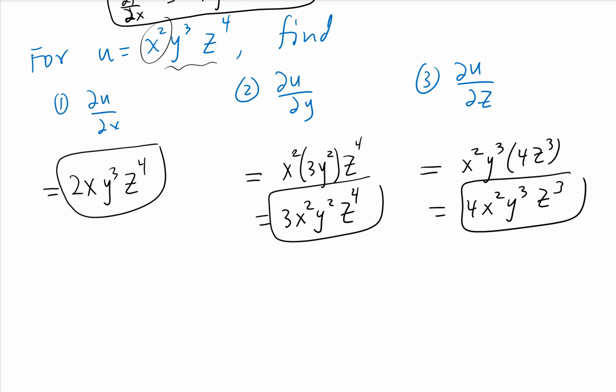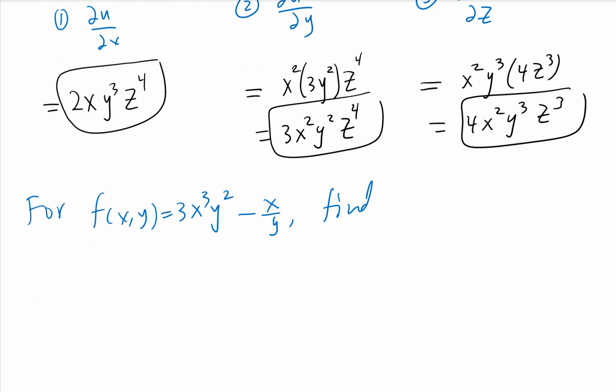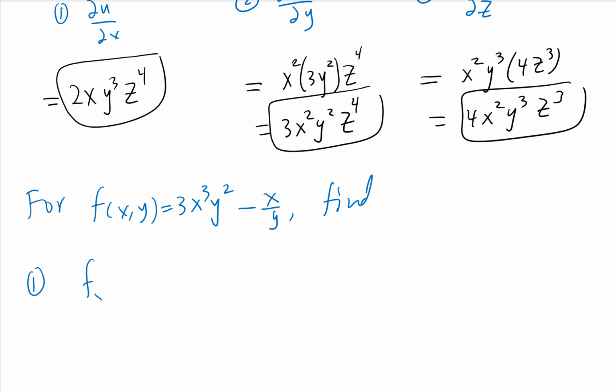Now they can ask us questions in a different way or format. So for, let's say, f(x,y) equals 3x cubed y squared minus x over y. Find number 1, f_x, like this, f(x,y) subscript x.